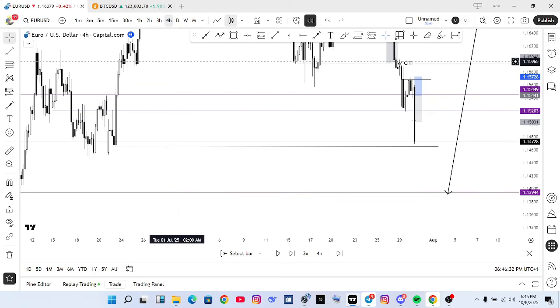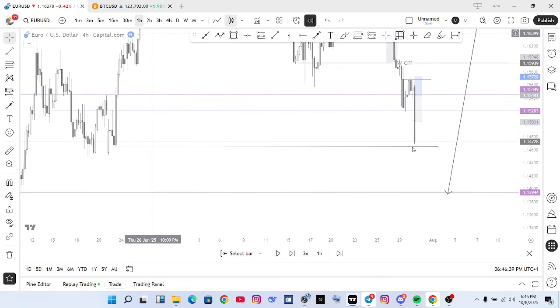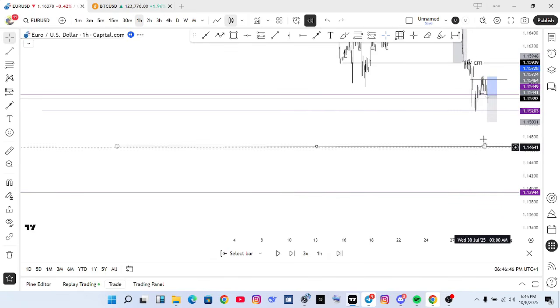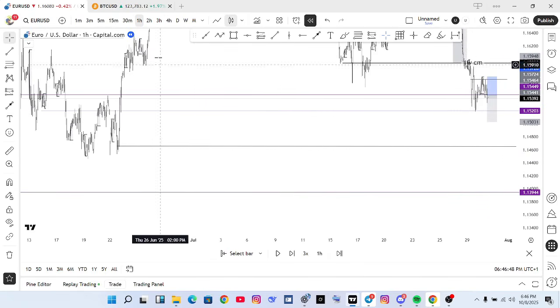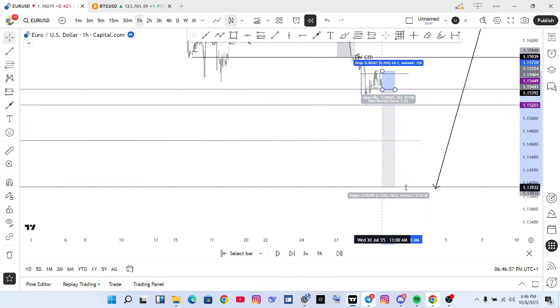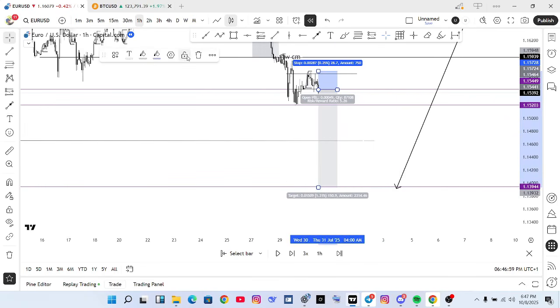If you are trading a daily storyline, your roadblock is in 4 hours. So any of these key levels, we know that price will reject from there. Price might even reject and go and hit our stop loss before it will continue. So the first place I'll target will be this key level in case price rejects from there, and then I'll target this weekly zone where we are expecting price to come down to.